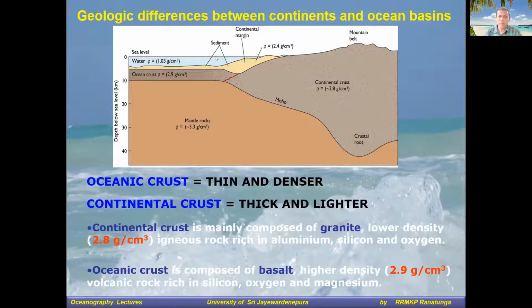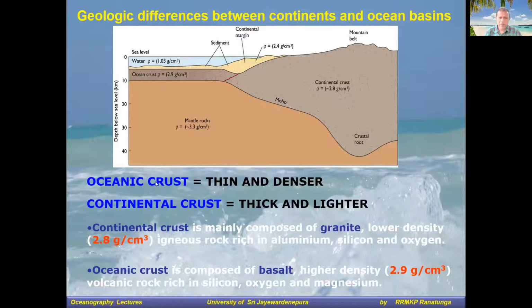If you look at some of the geological features around the continental margin, and you see a mountain very close to the coastal zone, that is some sort of an indication that there is a plate boundary somewhere here. I will come to that later on.